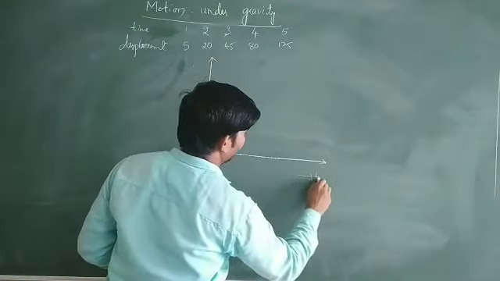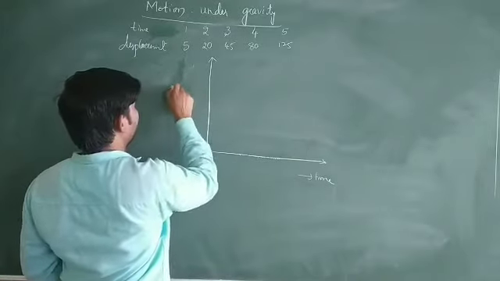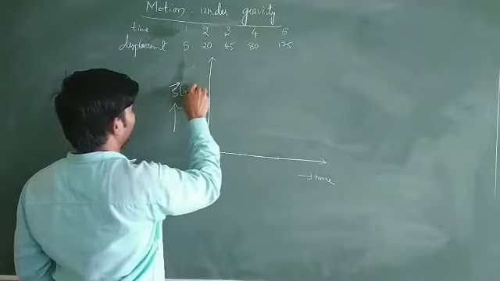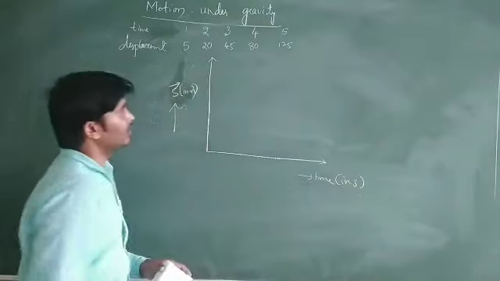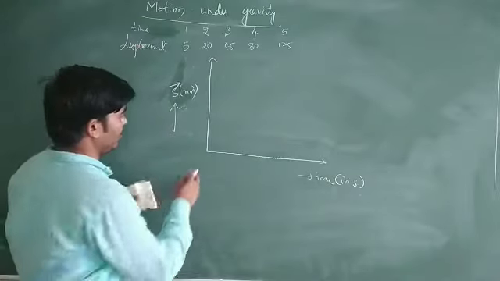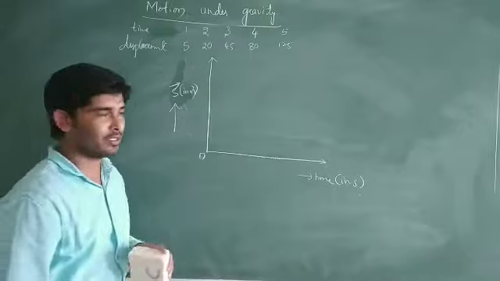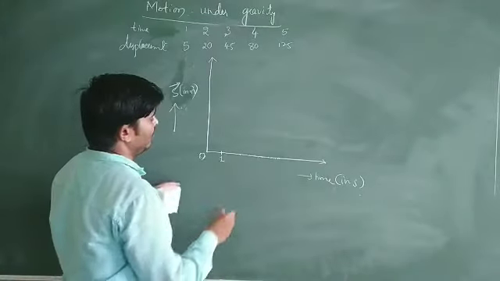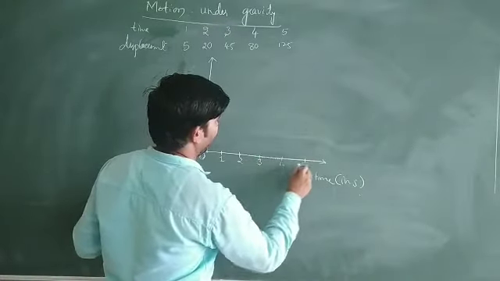This is time and this is the displacement along the y-axis, in meters and seconds. This is the origin. At this point the displacement and time are both 0. After 1 second, 2, 3, 4, 5.